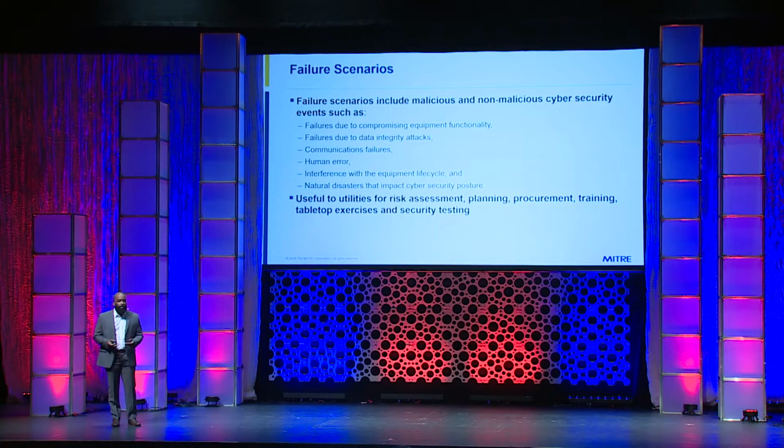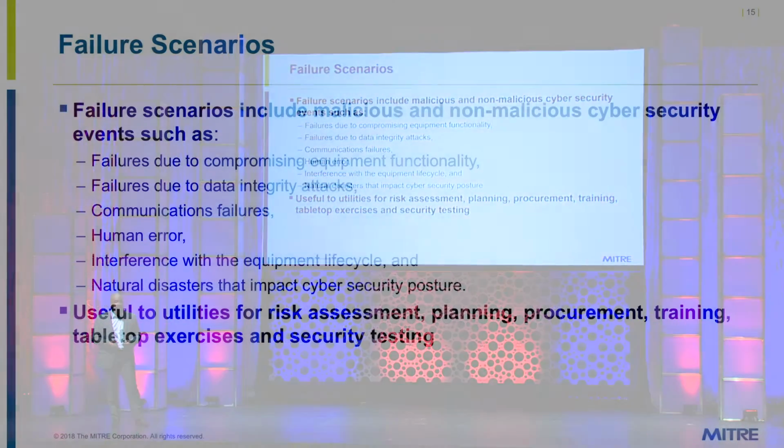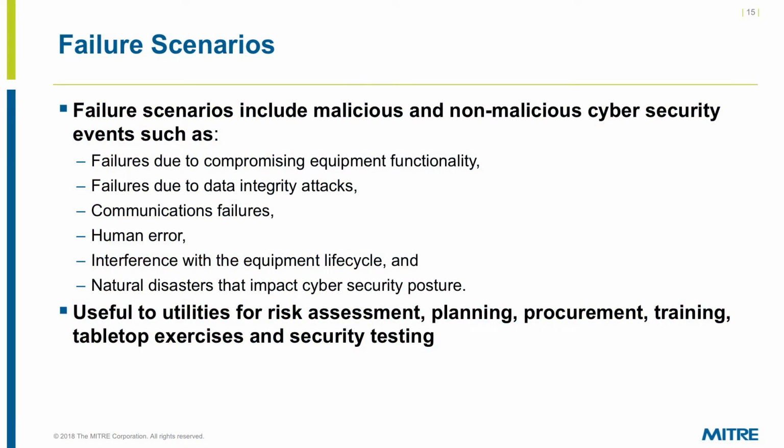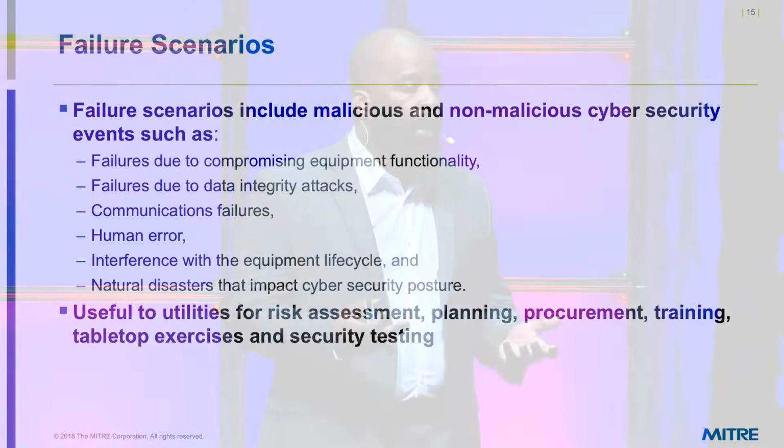Failure scenarios include malicious and non-malicious cybersecurity events. These could be data integrity attacks, human error, equipment failures, or any fault or problem you could think of within a particular domain that can cause a failure of the control process. These are very useful to us in our activities for adversary emulation.